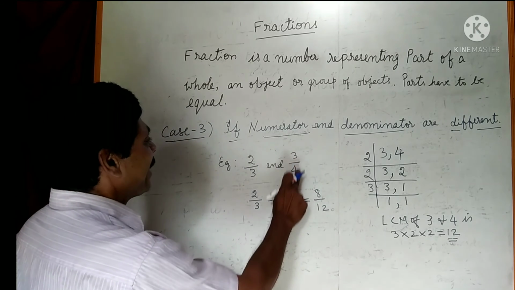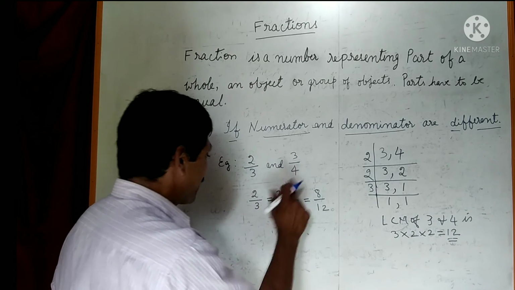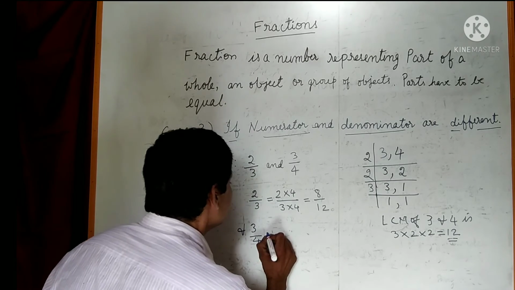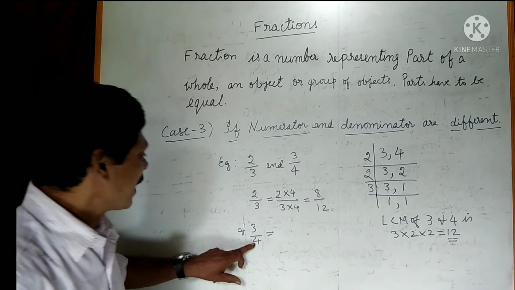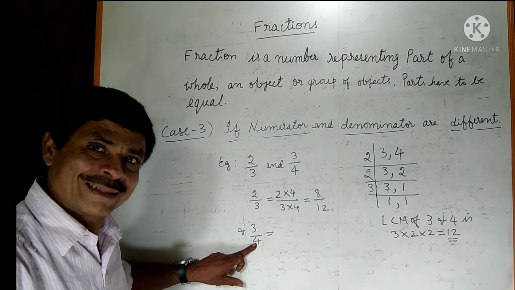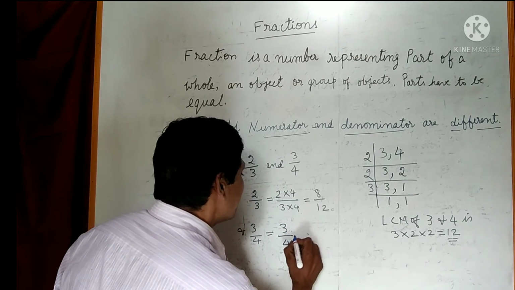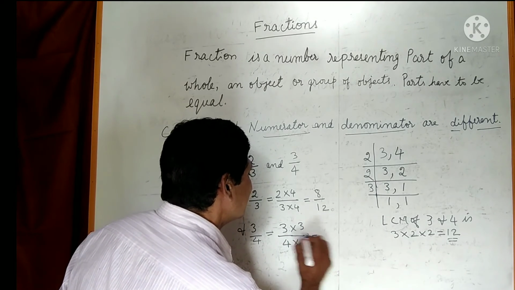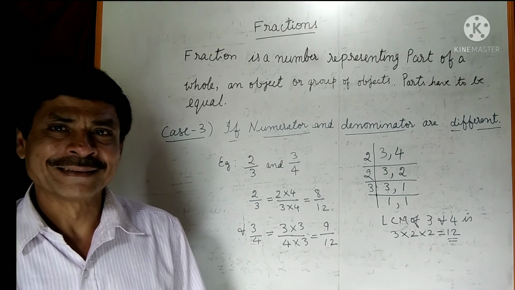Now we will find the equivalent fraction of 3 by 4. And 3 by 4 is equal to, now divide 12 by 4. You will get 3. Multiply numerator and denominator both by 3 is equal to 9 divided by 12.